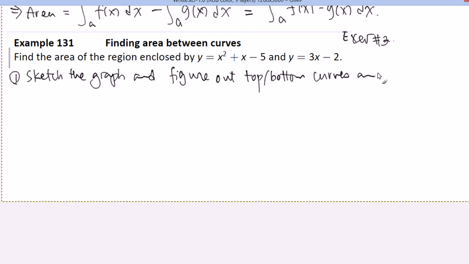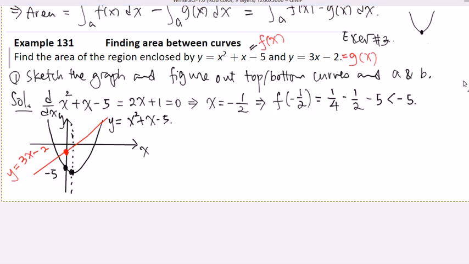And also A and B. Where are A and B? Once you have that setting, you can plug it in and calculate. Sorry about not giving you enough time. Yes, go ahead. All right, that's to sketch the graph.